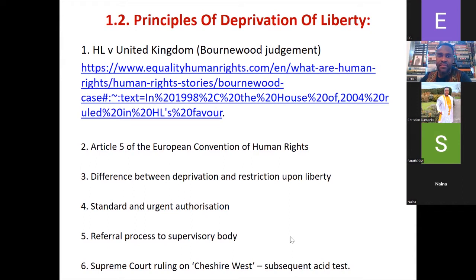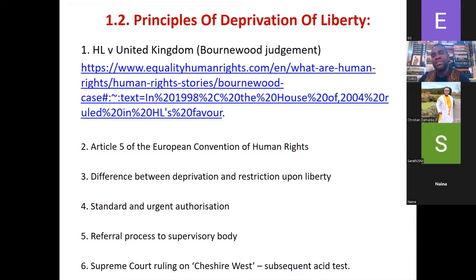Then before these come into action, there must be authorization. And so we have the standard authorization, and then we have the urgent authorization.